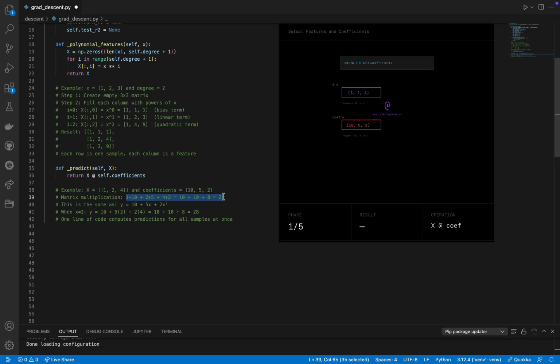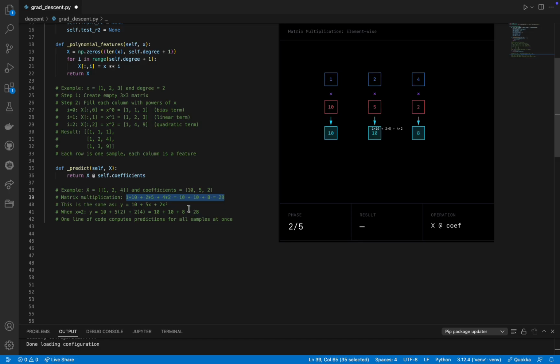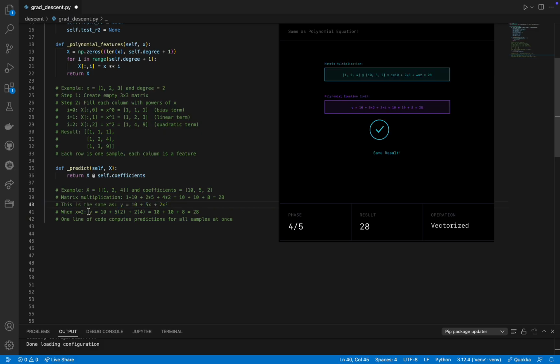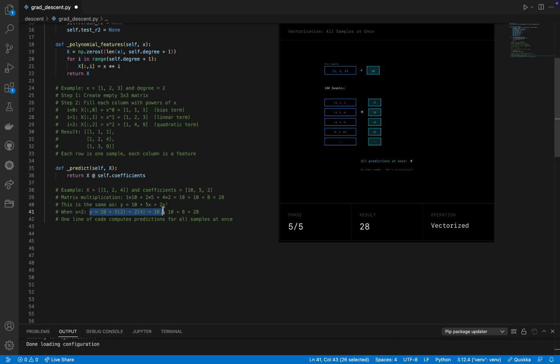And notice this is exactly the same as evaluating the equation y equals 10 plus 5x plus 2x squared when x equals 2. We get 10 plus 5 times 2 plus 2 times 4, which is 10 plus 10 plus 8, which equals 28. So this is the same result.